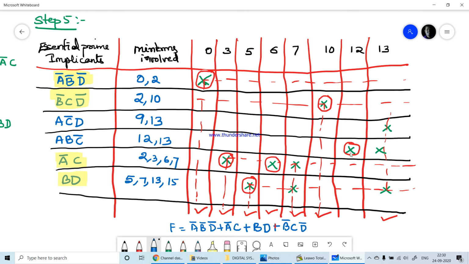Now finally I have this cross. I'll go vertical and horizontal both, and tick this. Now I'll consider this one, which is A B C bar.